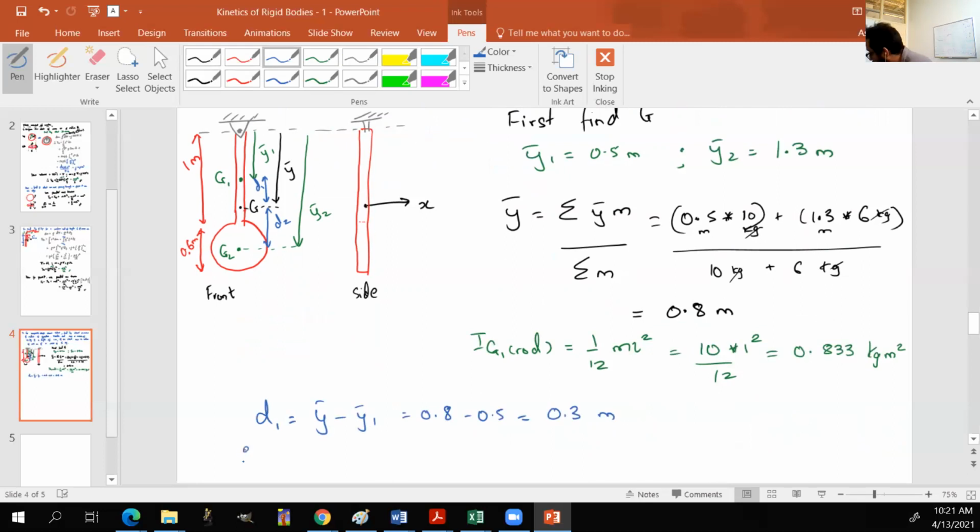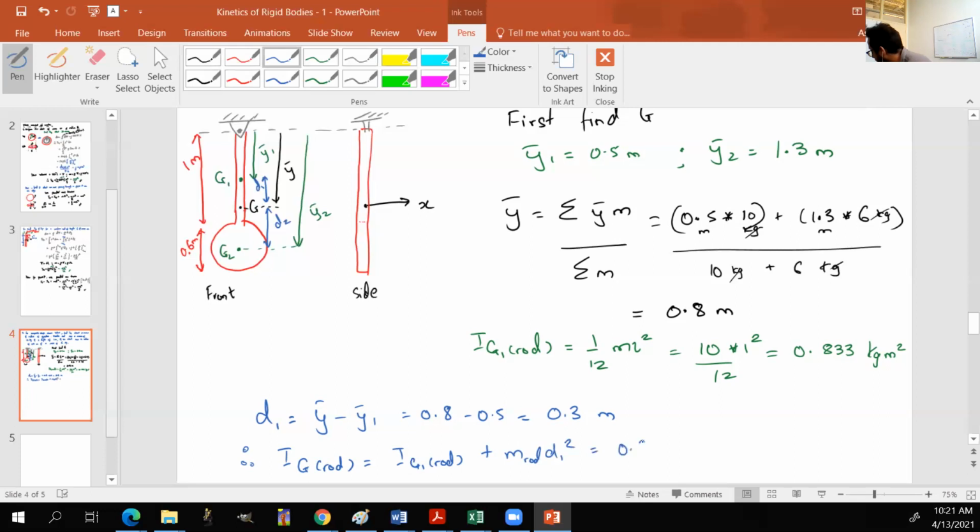right? Therefore, the moment of inertia of the rod about the point G, which is your mass center for your composite mass, is just equal to Ig1 rod, which we had found, plus the mass of the rod times d1 squared, right?